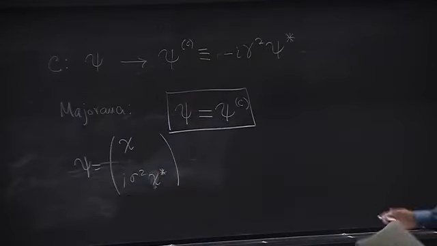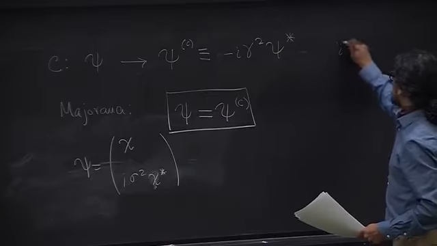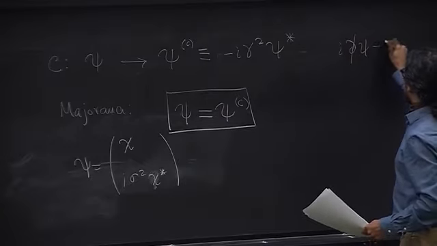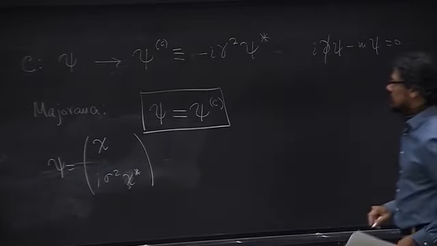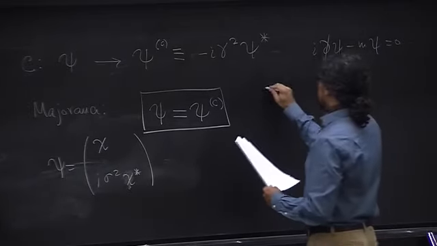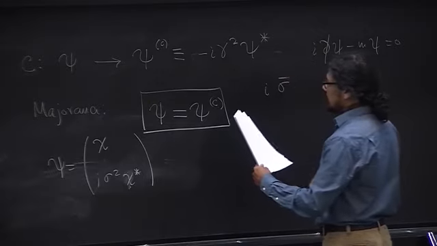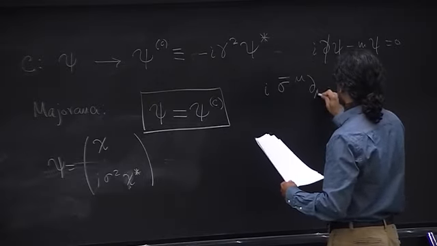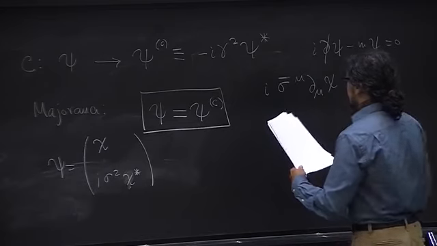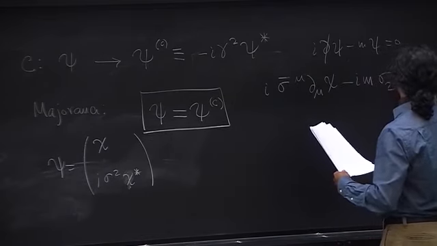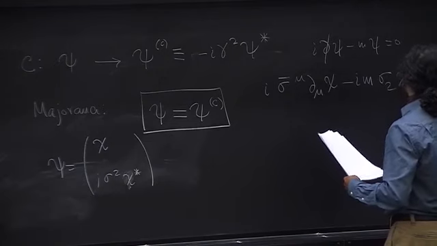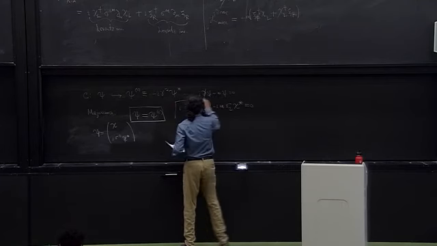So now, if you take the Dirac equation and express it in terms of this Majorana spinor, then you get the Majorana equation, and this is the equation for a Majorana spinor.